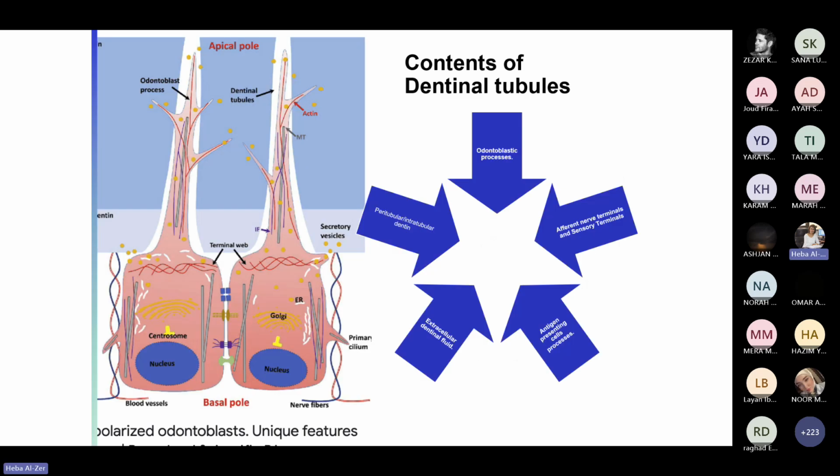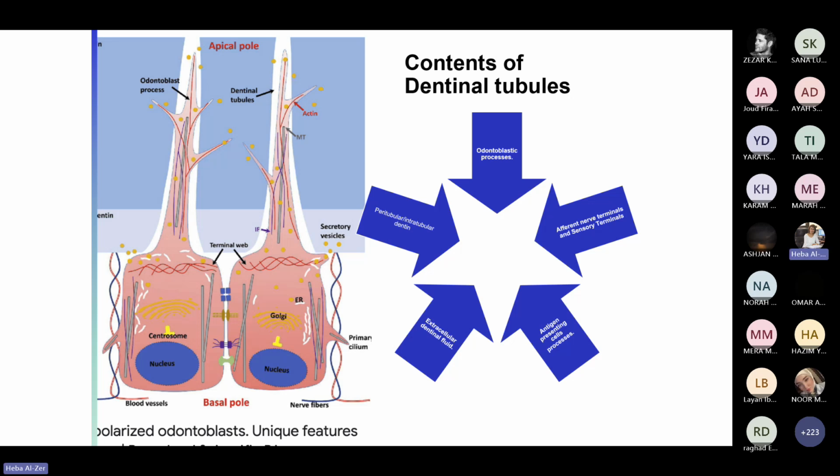So if we look at these tubules, what do we actually see inside them? There are five components inside of dentinal tubules. First of all, of course, the odontoblastic processes, as you can see, coming out of the odontoblast, going inside the tubules. We have the peritubular dentine that covers the tubule from inside.